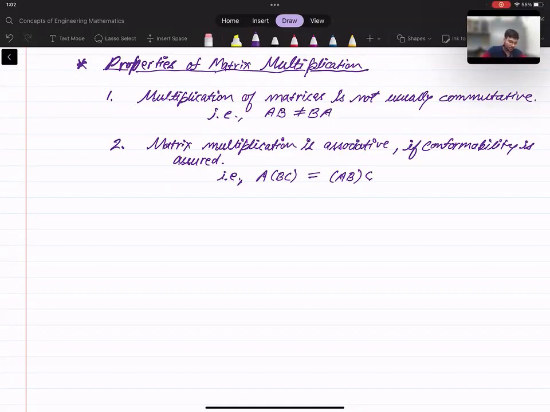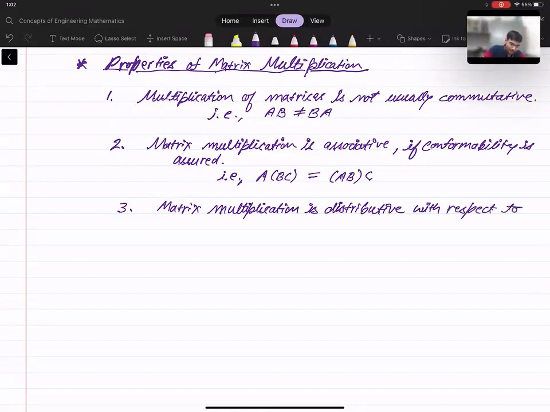So matrix multiplication is distributive with respect to addition and subtraction.